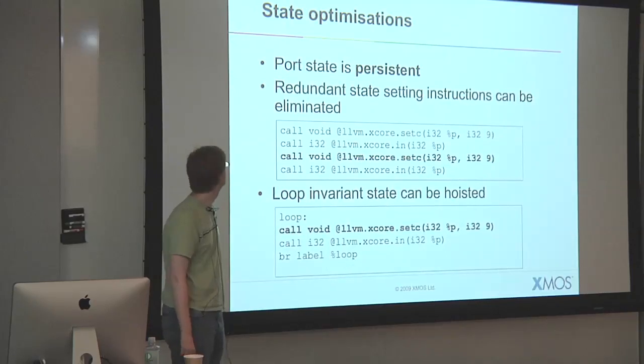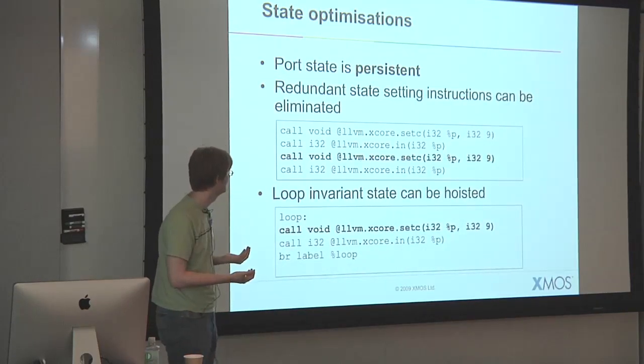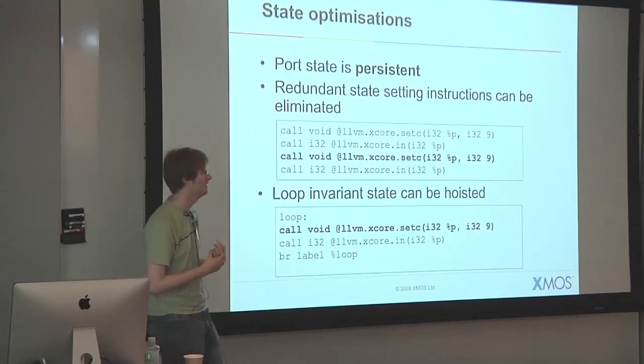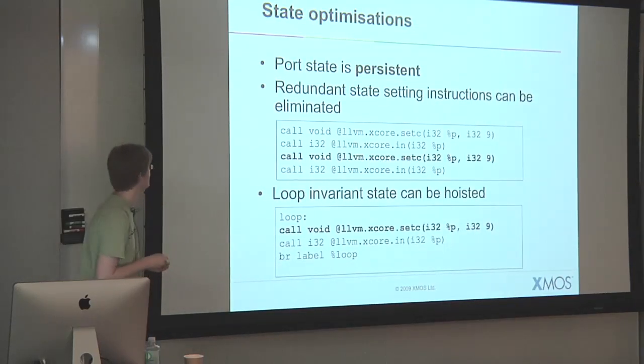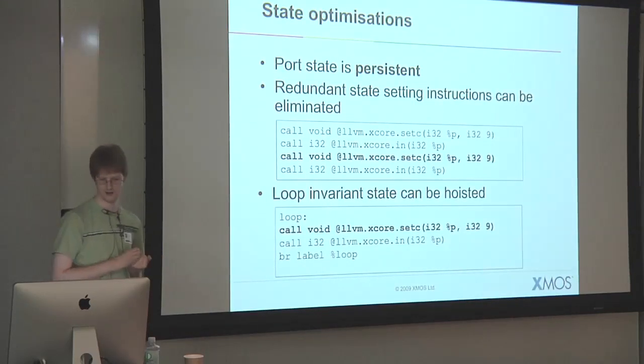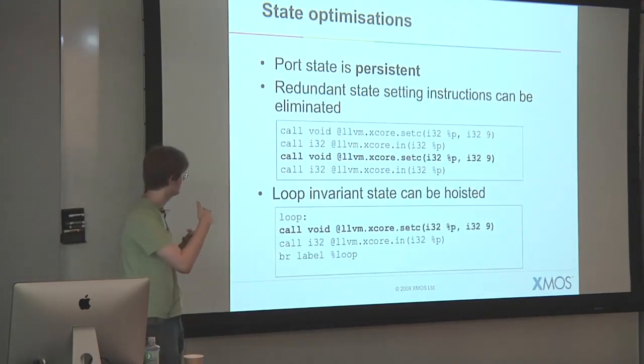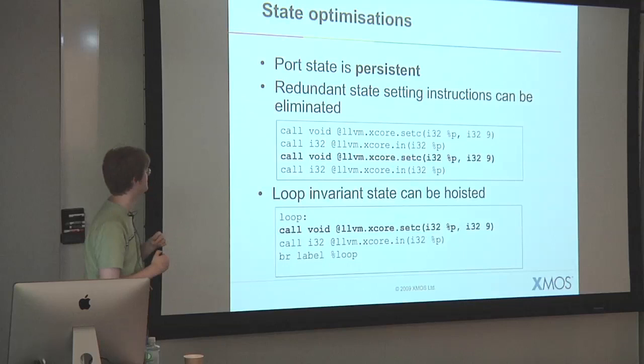One of the benefits of having compiler support for these operations is you can do a number of optimizations. We've got this setup where you configure the port state and then you perform the input. Well, the port state is persistent.